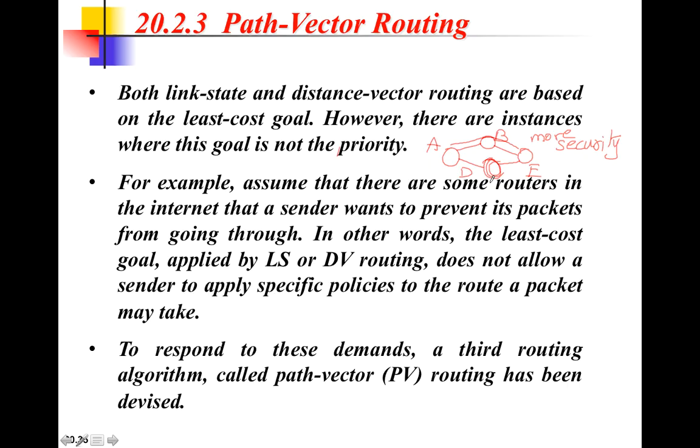We don't want people to hack, not hack, but to capture our packets and to read the information inside. So if we know that a certain way is more secure, we will choose that, even though it may not be the least cost in some other sense.